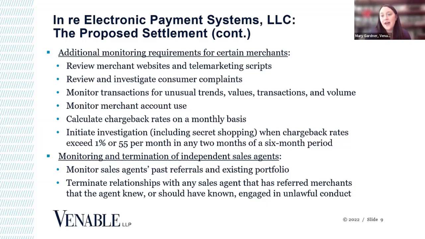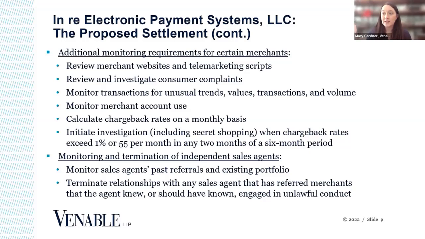And the last interesting component of the settlement is the requirement to monitor your independent sales agents. A lot of these cases, particularly EPS, included a component of the allegation saying that the independent sales agents that EPS was using were bringing in bad actor merchants, and that EPS wasn't appropriately policing that conduct.